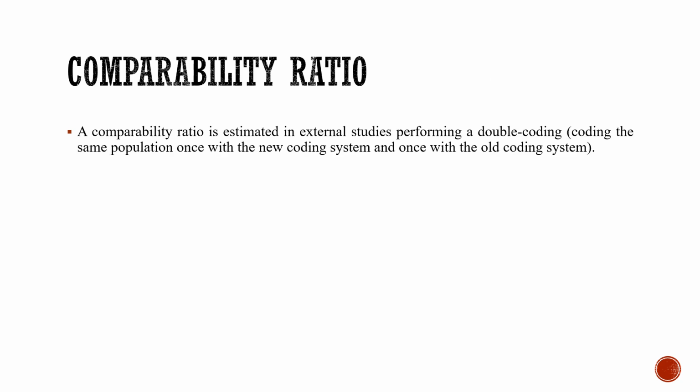For comparability ratios, we would need external studies, since comparability ratio is estimated in these studies performing a double coding, which means that one population is coded once with the new code and once with the old coding system.